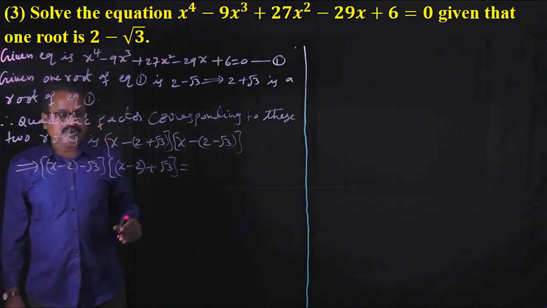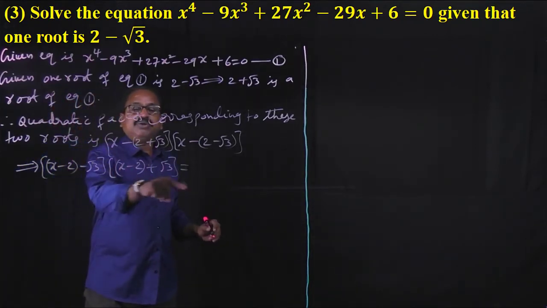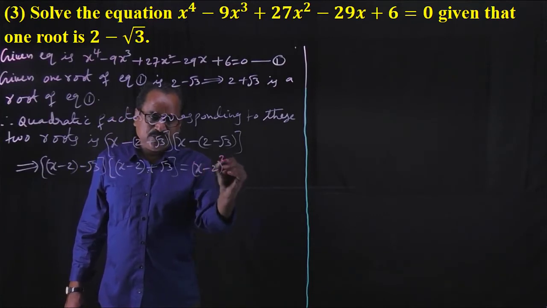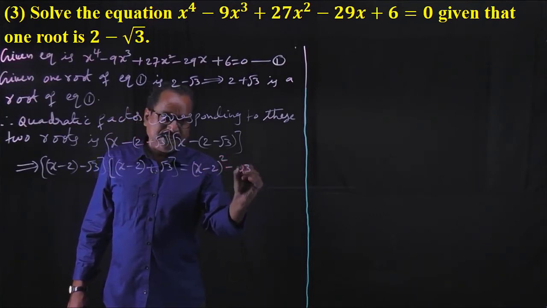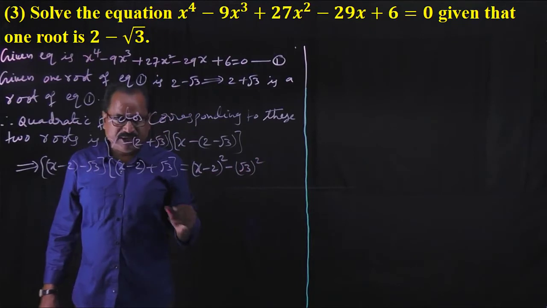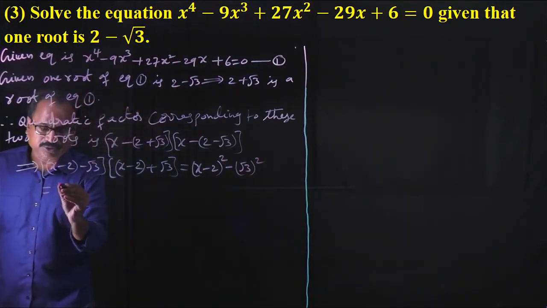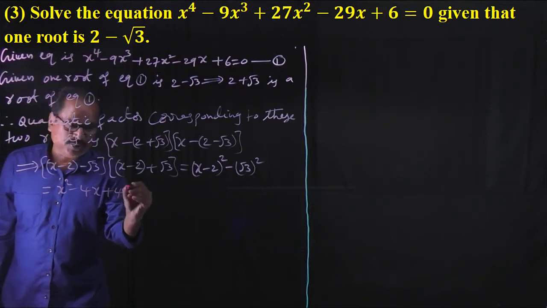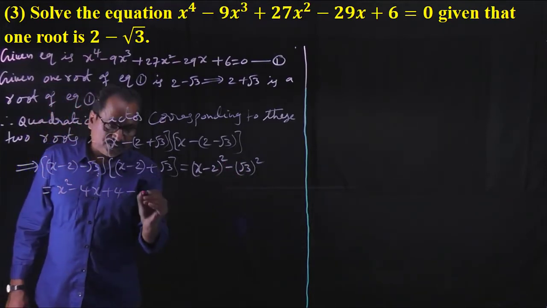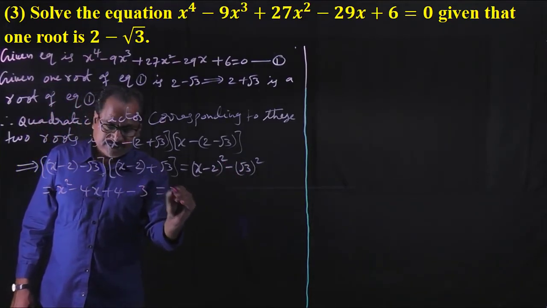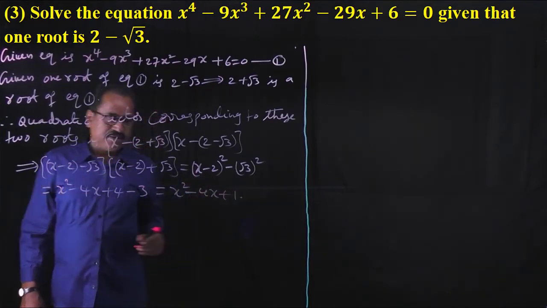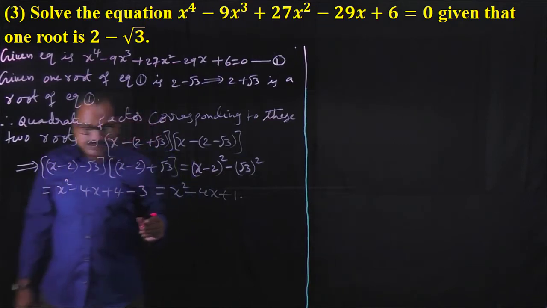That is equal to, using a minus b into a plus b, a square minus b square, x minus 2 whole square minus root 3 whole square. So this is equal to x square minus 4x plus 4 minus 3, that is equal to x square minus 4x plus 1.